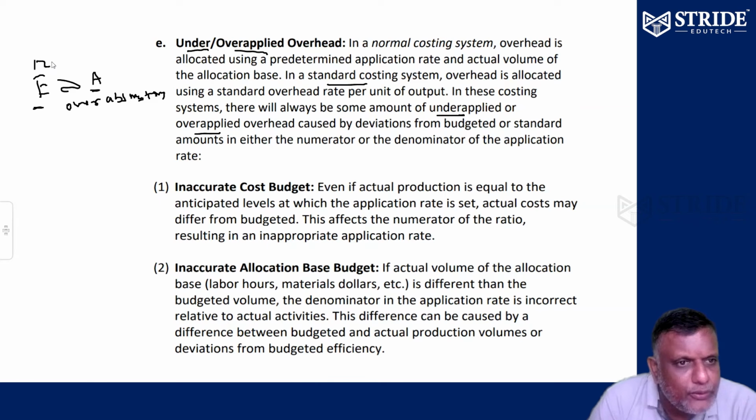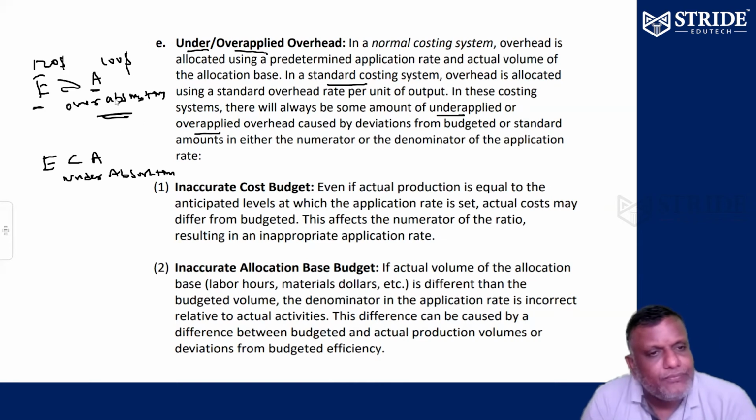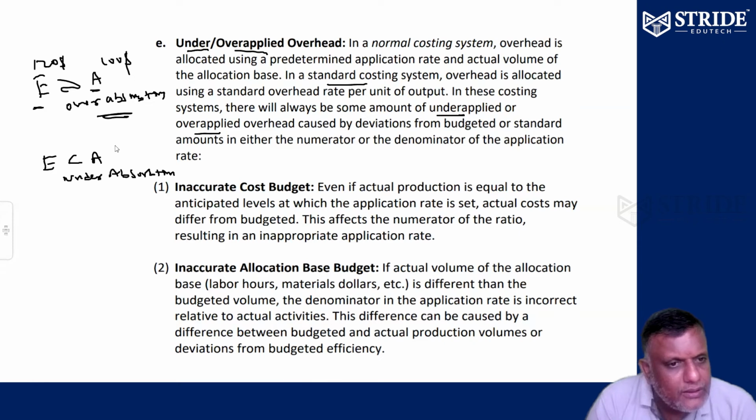Suppose the estimated cost is $120 and the actual cost is $100. It is called over absorption. If the estimate is less than the actual, it is called under absorption. Estimation more than actuals, over absorption. Estimation less than actuals, under absorption.